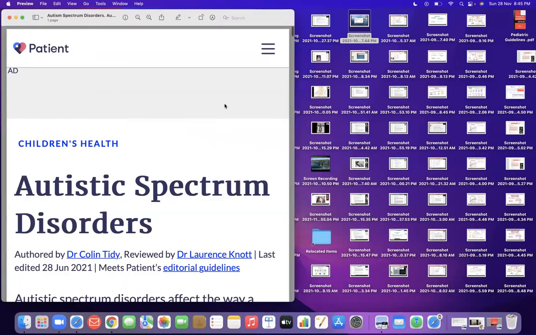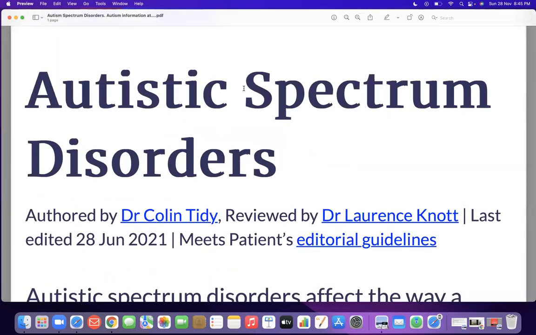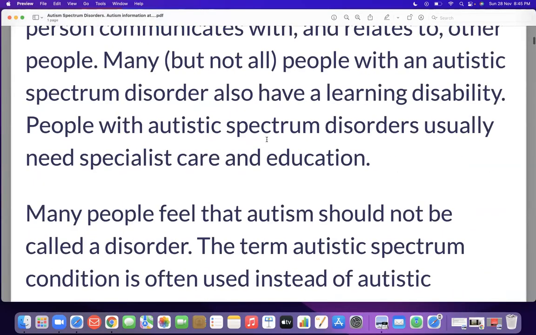I just read from there and made the notes because they are asking how do you diagnose autism in the exam. Okay, so I will show you now the diagnosis here.